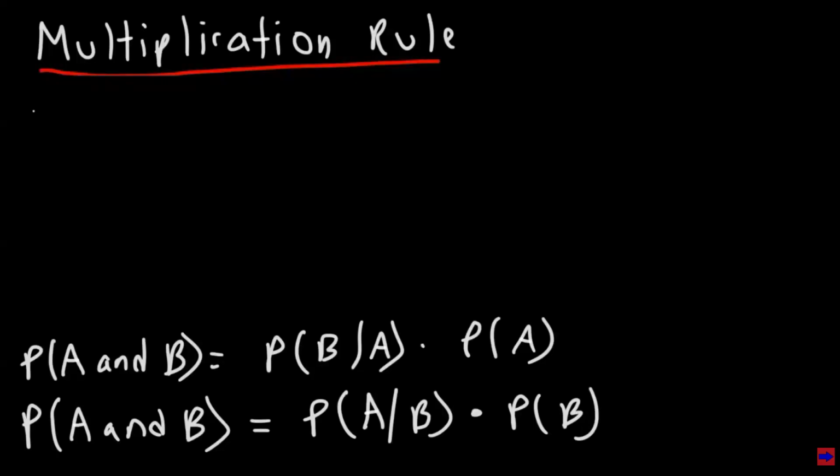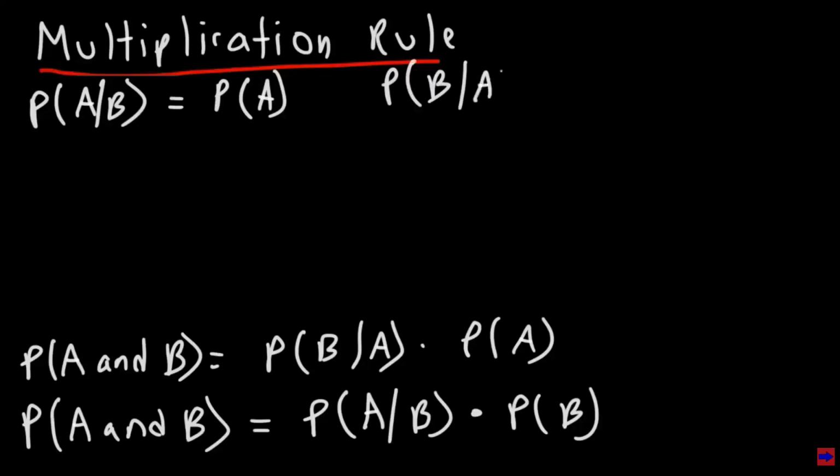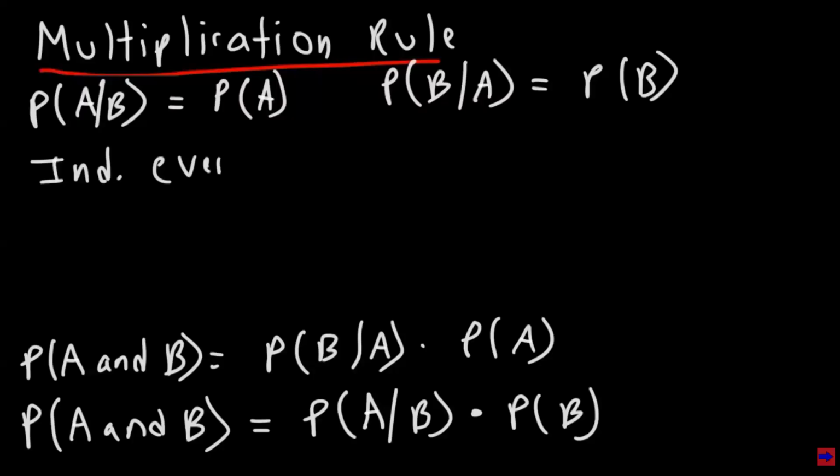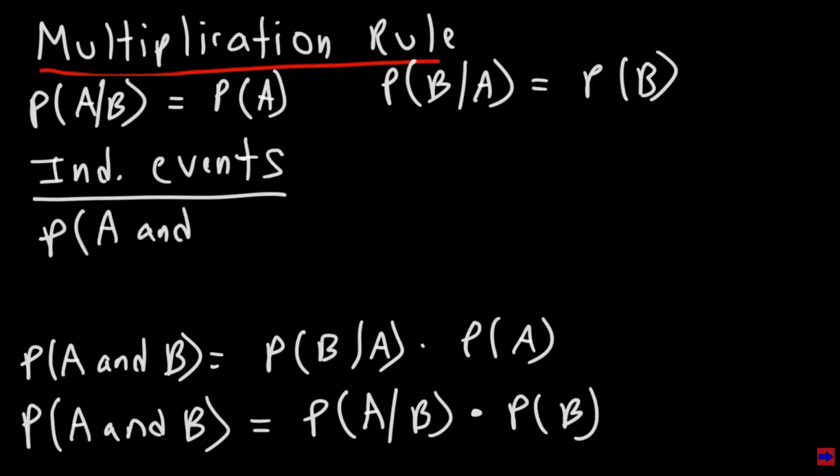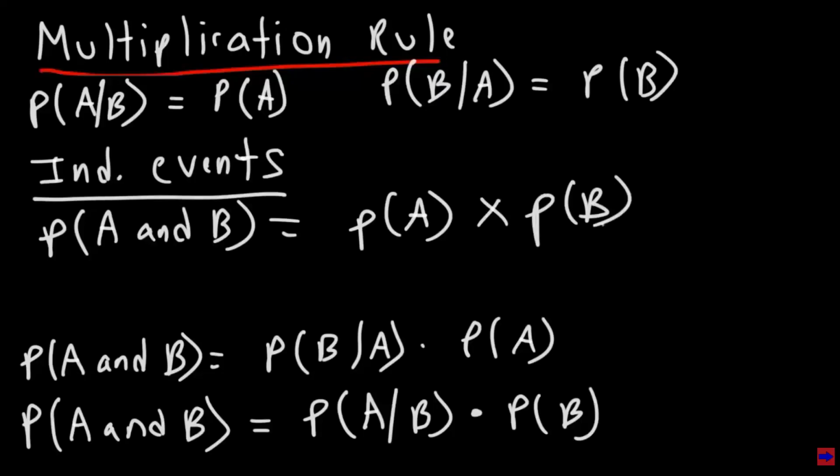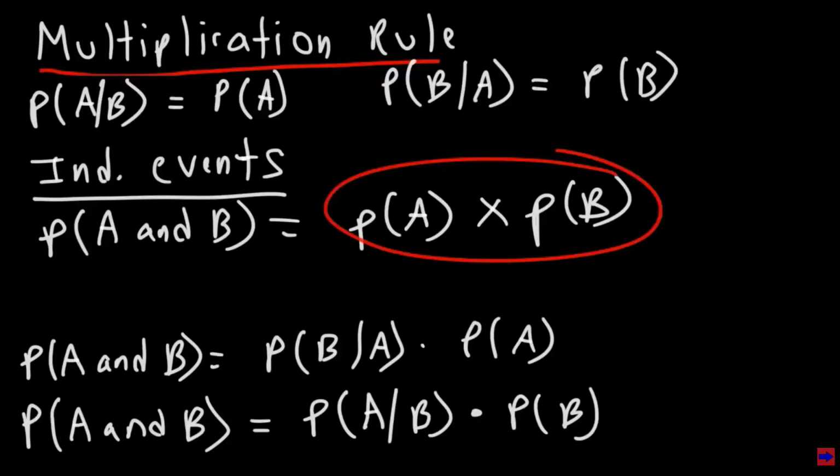For independent events, the probability of A given B is equal to the probability of event A occurring, because A does not depend on B. Likewise, the probability of B given A is equal to the probability of event B occurring, because B does not depend on A. So when dealing with independent events, we get this equation: the probability of A and B occurring is simply the probability of A times, not plus, but times the probability of event B occurring, if the events are independent.